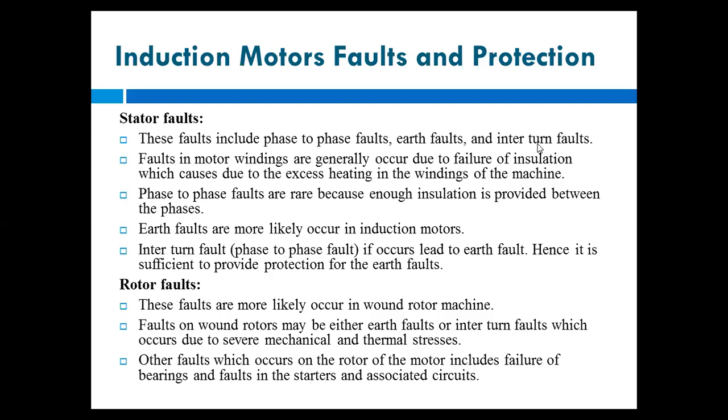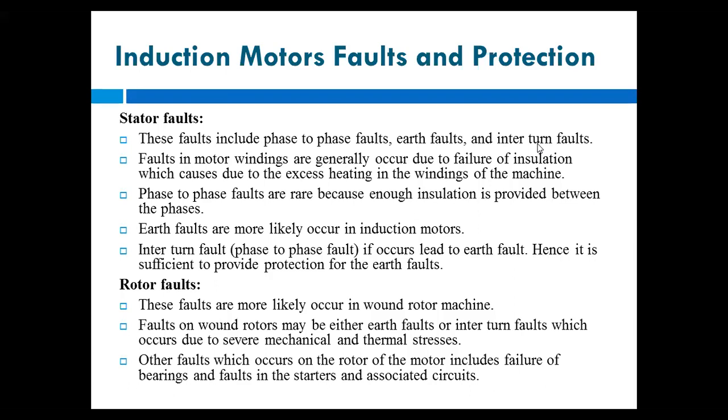Then rotor faults. Okay, rotor faults are there. So these faults are more likely to occur in wound rotor machines. Okay, wound rotor machine. Then wound rotor means which type of motor or machine? Rotor faults are occurring in the wound rotor machine. Wound rotor means which type? What are the types of rotors?